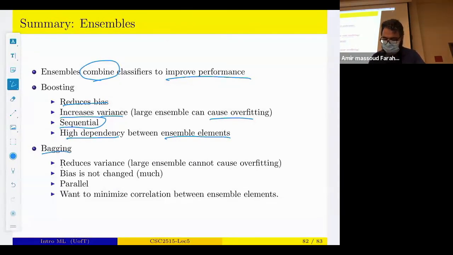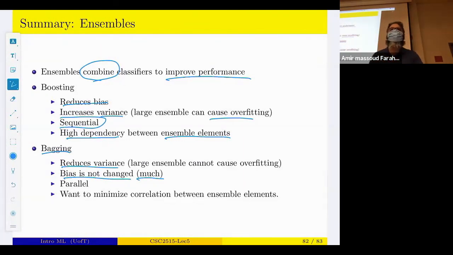With bagging, the idea is to reduce the variance of the whole ensemble. Bias is not changed much, though it depends on how exactly we do it. For example, with random forest, because we are focusing on a randomly selected subset of attributes, we are adding some bias compared to the case where we consider all the attributes.